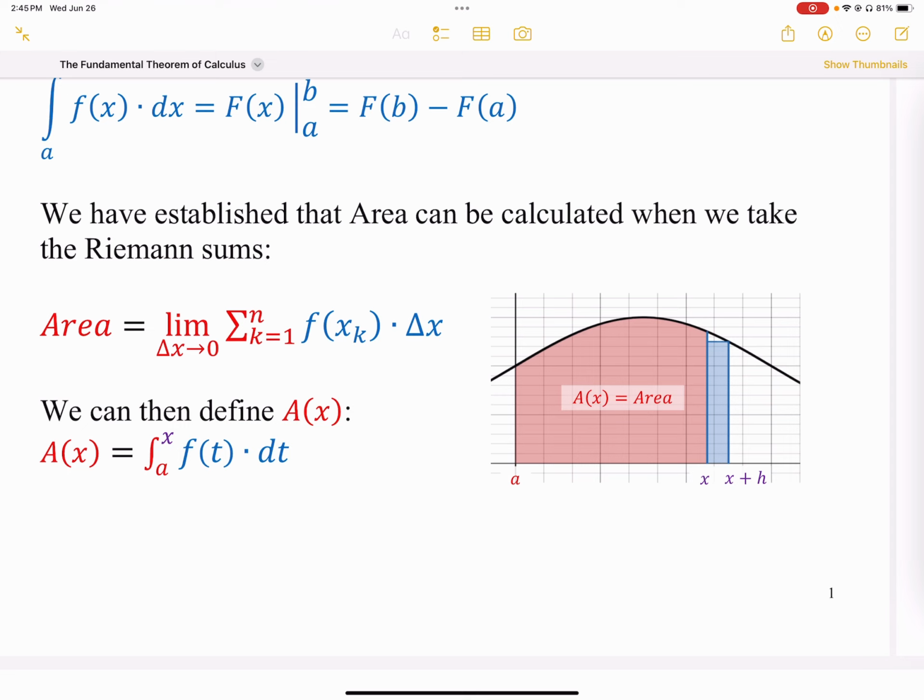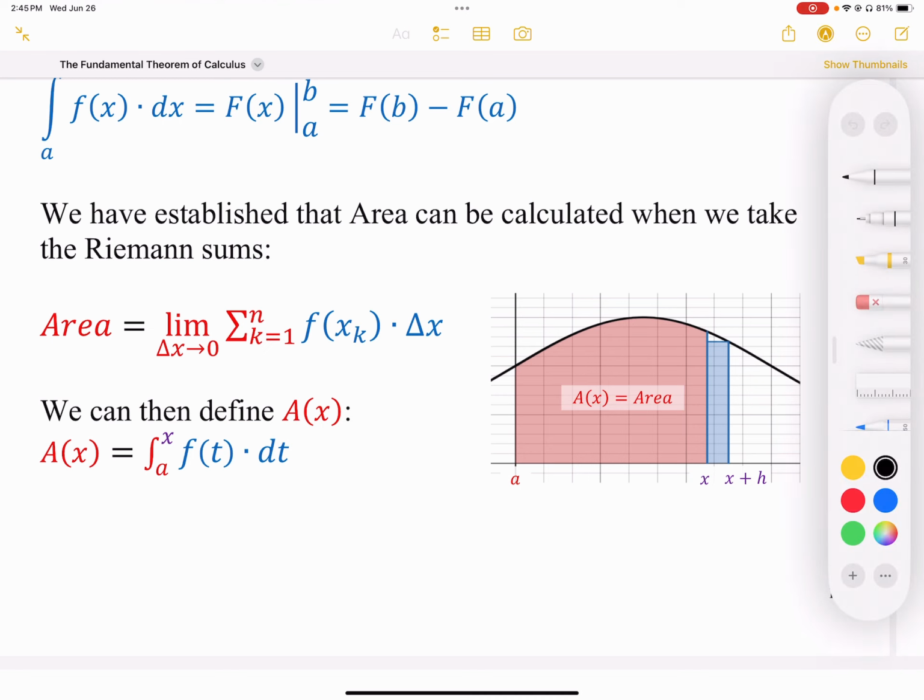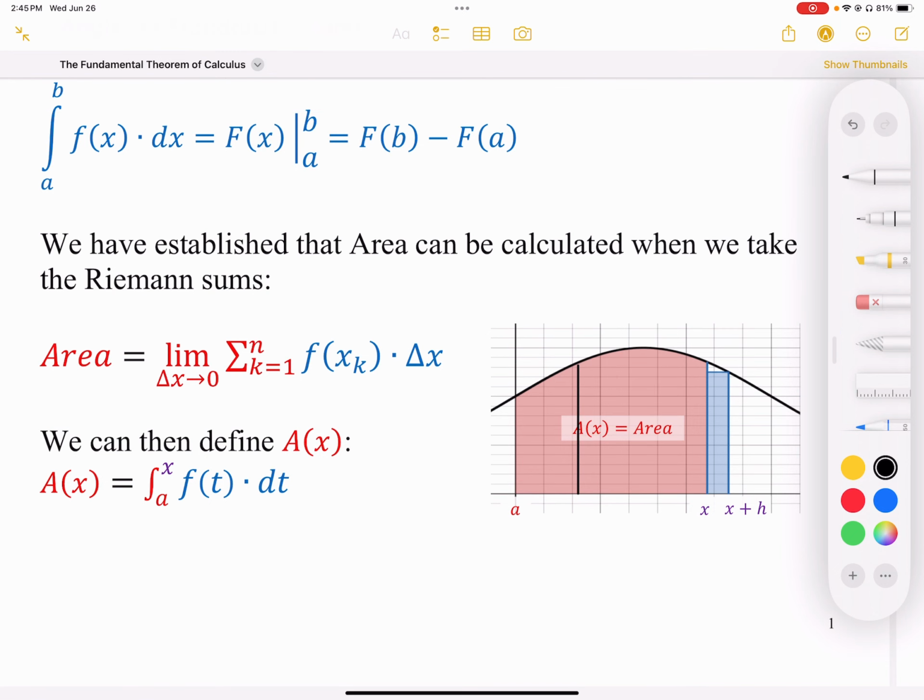And as we move that x along, if I sketch this in here, if I draw in a line here, that point represents x, and as I move it left and right, we have a different amount of area to the left of that line. And the amount of area that we have is going to be our A of x function.